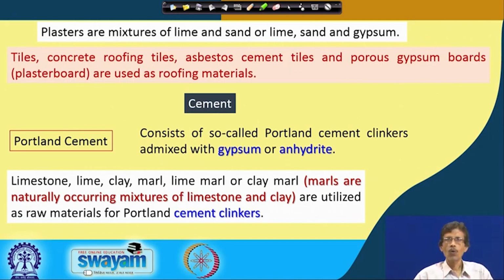We are very fortunate that we get all these as very cheap natural sources. So these are very usefully used as the raw materials for the Portland cement clinkers.